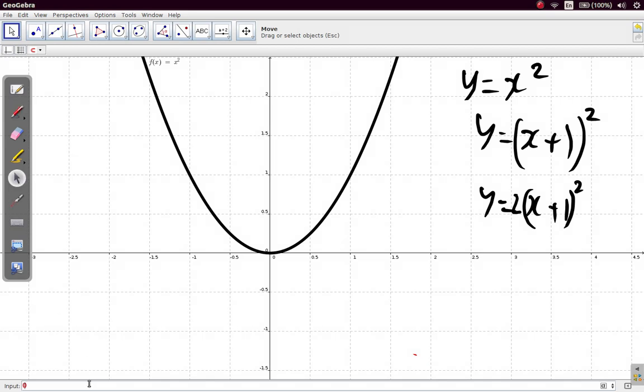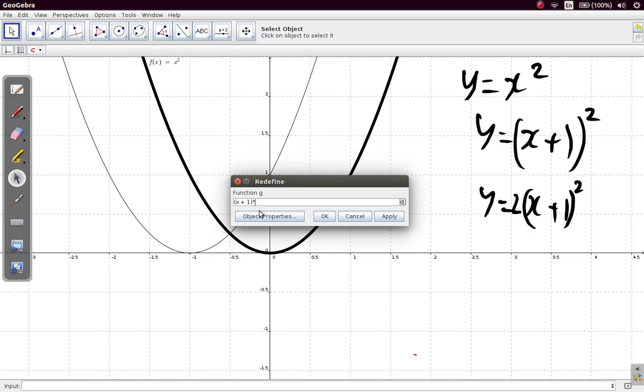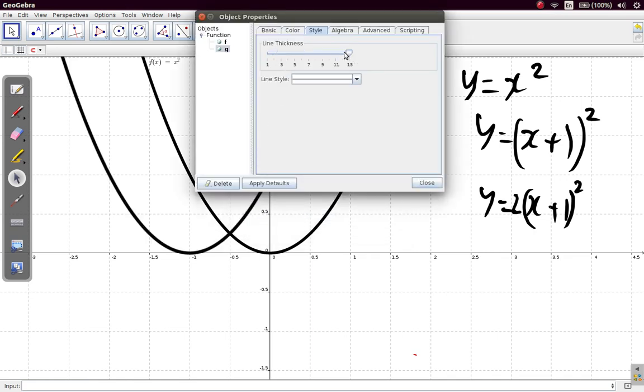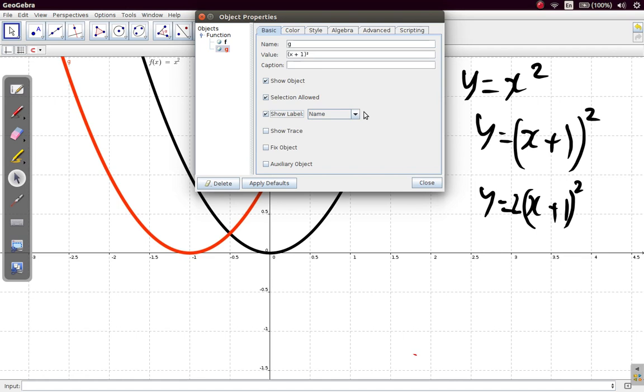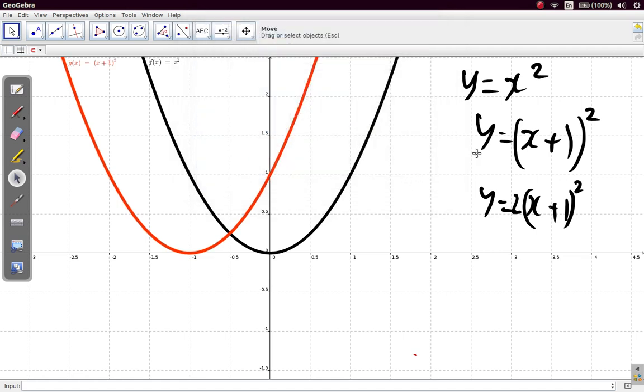So we have open bracket x plus 1 close bracket raised to the power of 2. That's what we have. Let us make this thicker than it is, and let's make the color red. Also want to show the label. Good. So this is y equals x plus 1 squared. In fact, let me write y equals x plus 1 squared in red, since that's the color that we have.